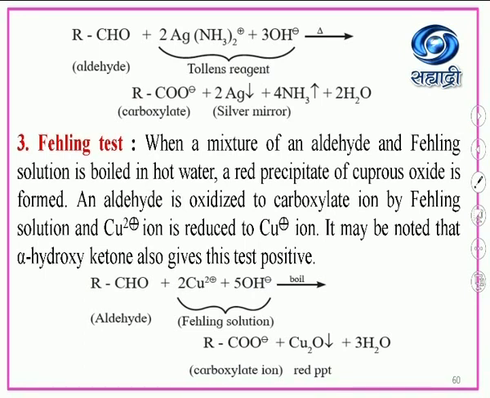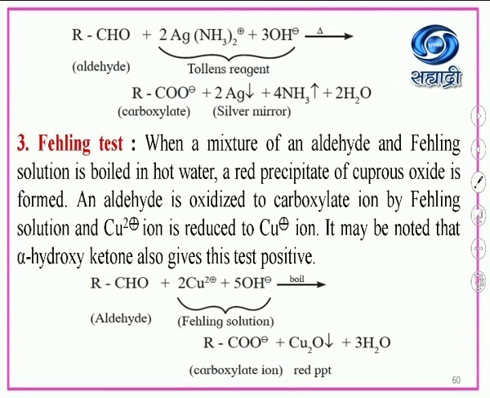It may be noted that alpha hydroxy ketones also give this test positive. So this is the aldehyde RCHO plus 2Cu2+ plus 5OH-. Collectively it is known as Fehling solution. After boiling, you will get the carboxylate ion RCOO- plus Cu2O, the red precipitate, and plus 3H2O.